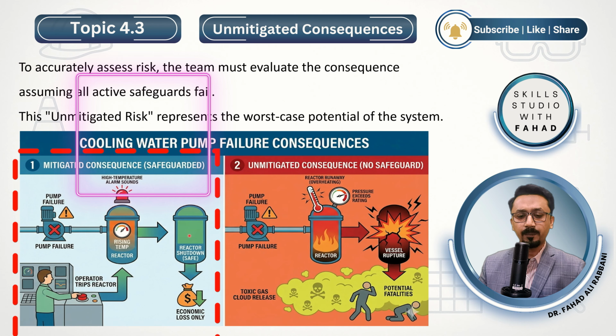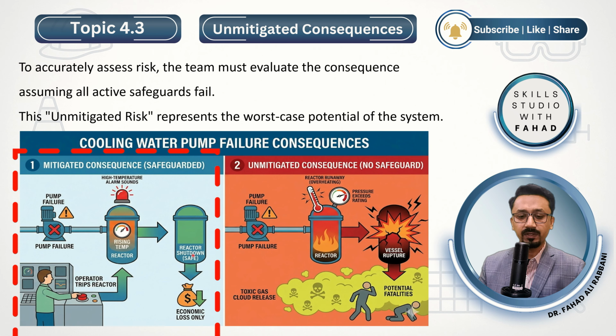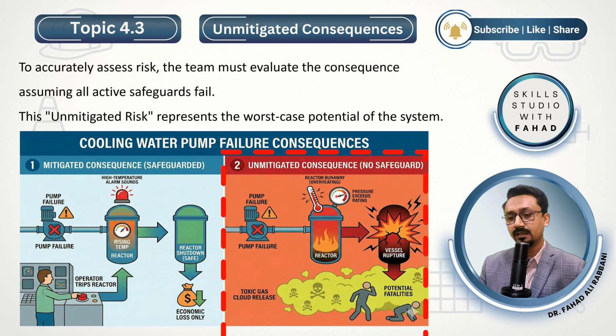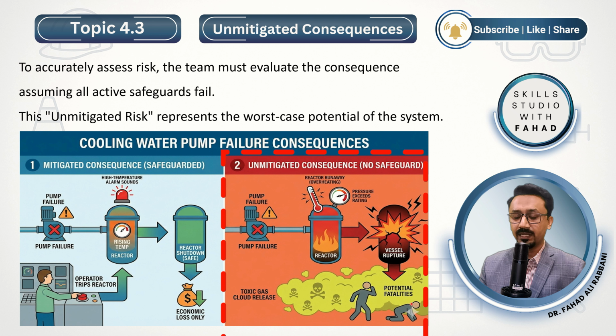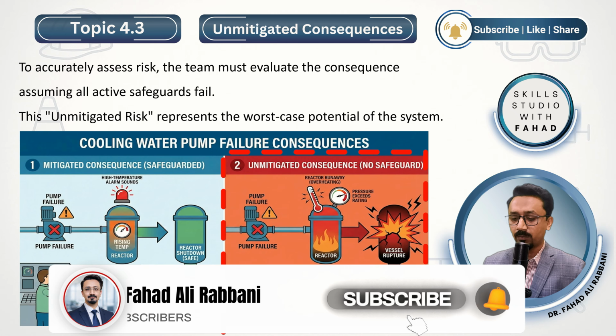In this way, the reactor will shut down safely and it will cause economic loss only. But on the other hand, if a pump fails and reactor runaway conditions happen, it will cause a rupture, and with the rupture there will be a toxic gas cloud release. Potential fatalities can occur with this problem.